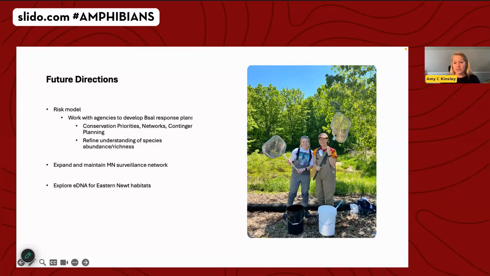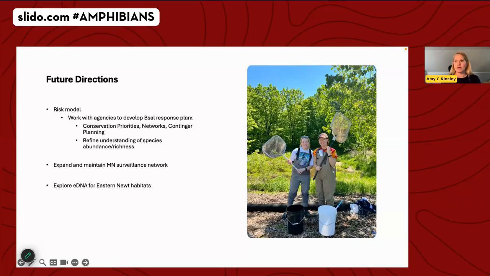We also want to look at using eDNA, or environmental DNA, to better understand habitats that are used by eastern newts. We are specifically looking at eastern newts because they are a species here in Minnesota that are particularly susceptible to the impacts of Bsal, and they're also highly elusive. So if we can utilize eDNA to give us information about where active eastern newt habitats might be, it can help us with our sampling.